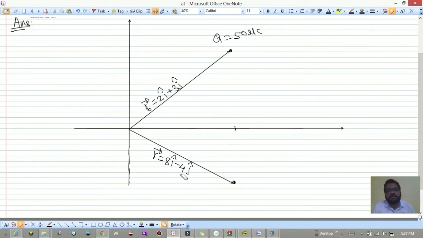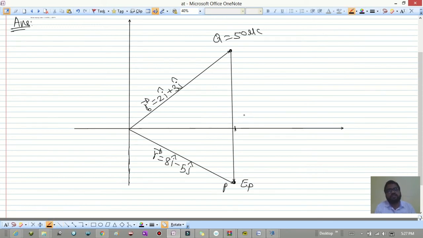Now we want to know what is the electric field at this point P. So we have to draw the position vector, right? We have to know what is the distance between this point P and the charge.